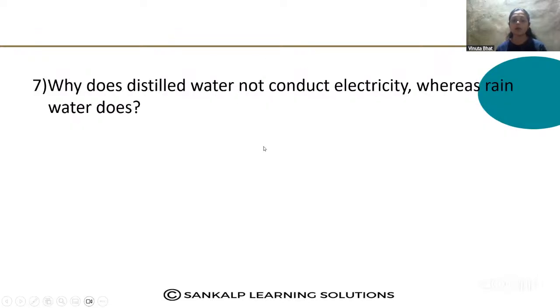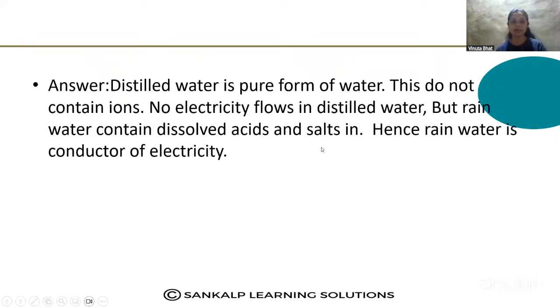Next one. Why does distilled water not conduct electricity whereas rainwater does? What is the reason behind this? Distilled water is the pure form of water, so it does not contain any ions.